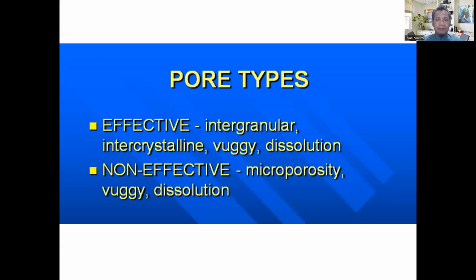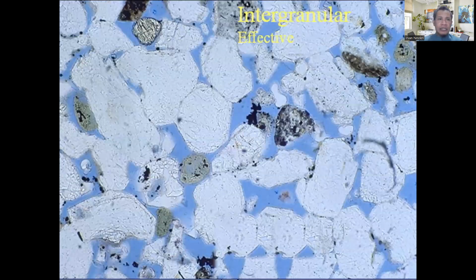So this is a beautiful view of intergranular porosity, which is effective, good porosity, good permeability. All the pore volume here, pretty well all of it would contribute or could contribute to your reserve, your productivity. Great large pore throat size here, which is the key to connect them to the permeability.